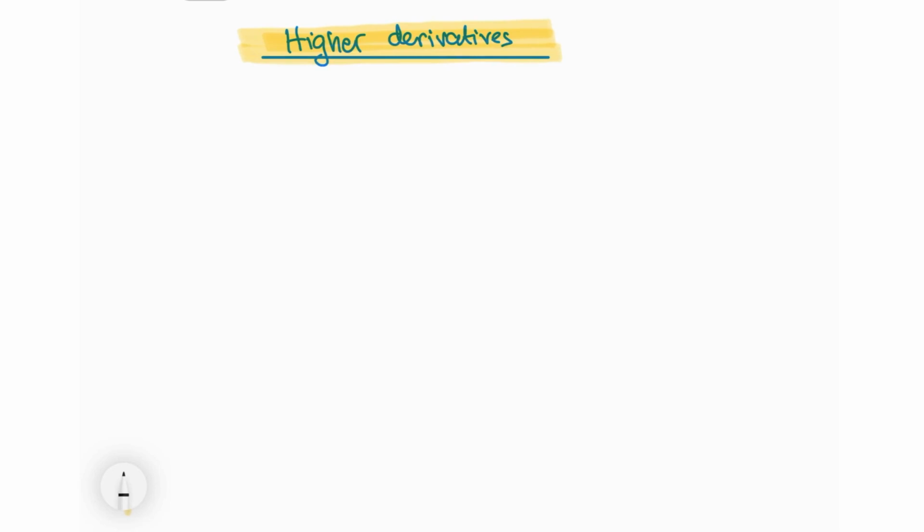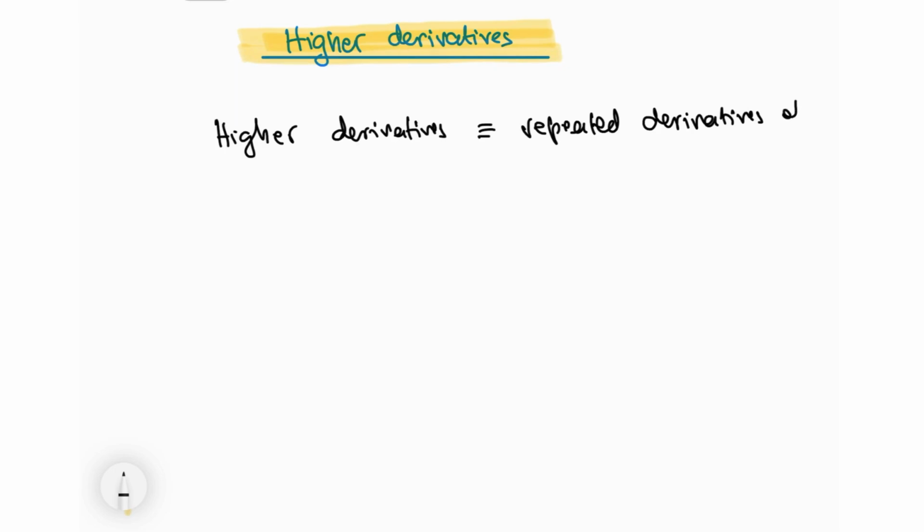Hello everyone. In this video we are going to investigate more about higher derivatives of functions, and what does that mean. Basically, higher derivatives are the same as repeated derivatives of the given function.